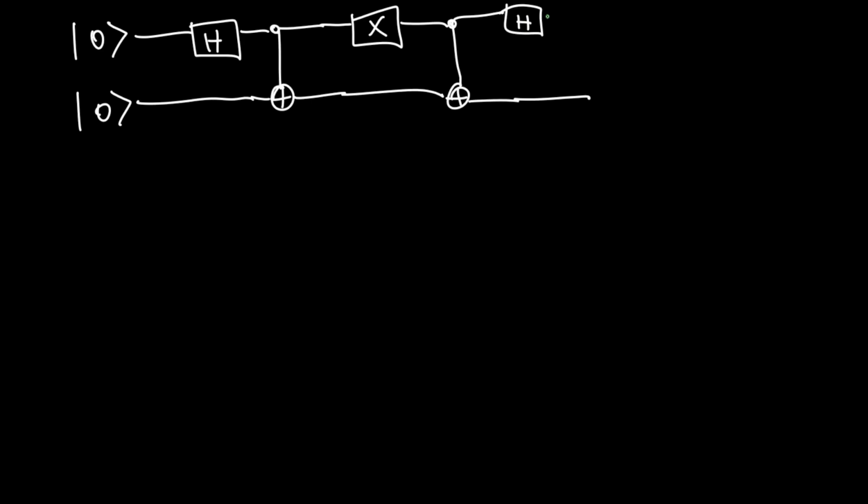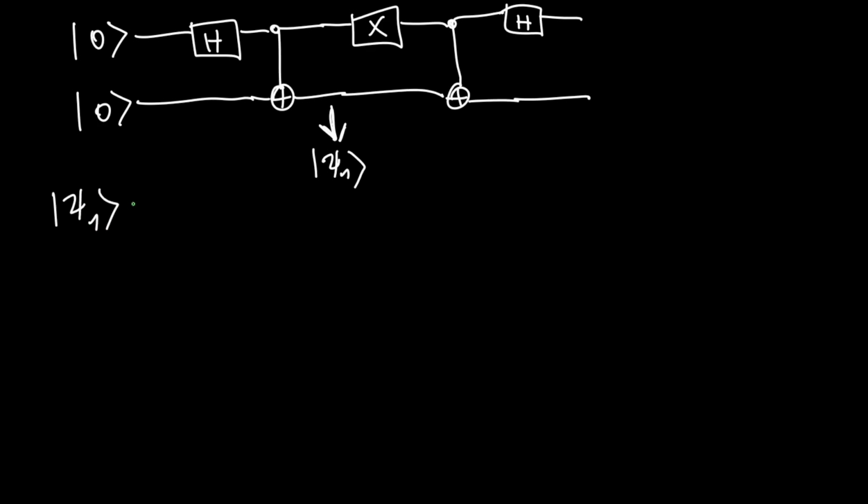Like this. Now we can apply actually not Z, we can apply X gate here. Like that. So in this case, we already know what state this is, right? Psi1.